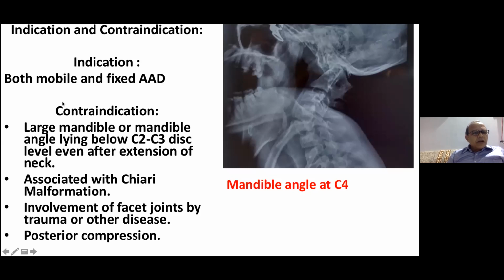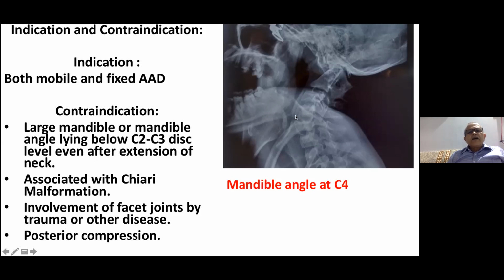But the contraindications are if there is a large mandible and if the angle of mandible is below C2, C3 disc space even after the extension and flexion. So in one of our cases, you see the angle of mandible was at C4. So this was not the proper case, because to go there, you need a very acute angle.